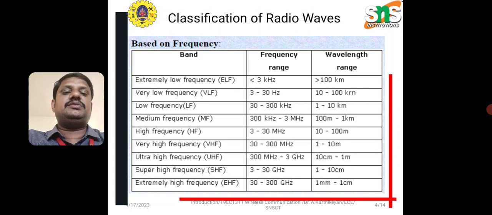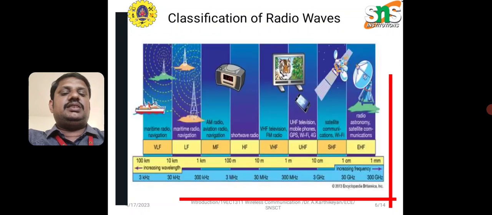We mainly use medium frequency and high frequency for commercial applications, and for some special applications we can use ultra high frequency ranges, including military applications. For the classification of radio waves, VLF, LF and MF we have already seen. Satellite communication and ship communication use the very low frequency ranges, and the low frequency ranges are used like mobile communication.